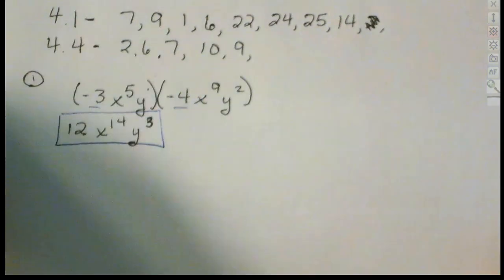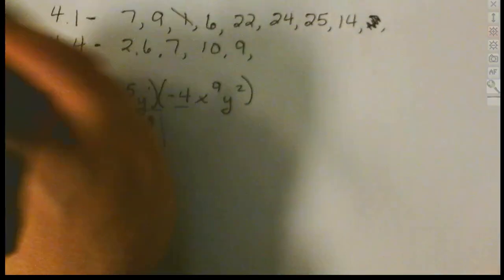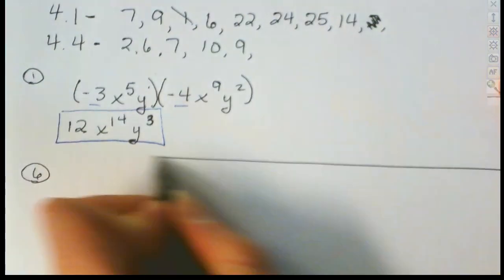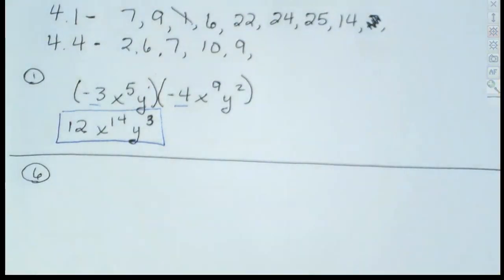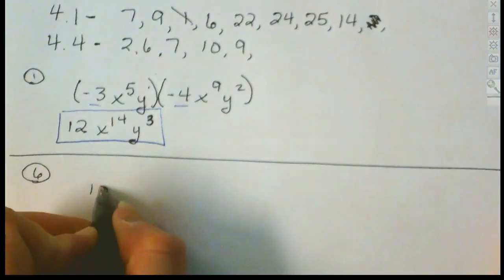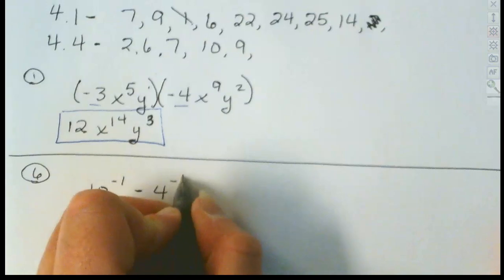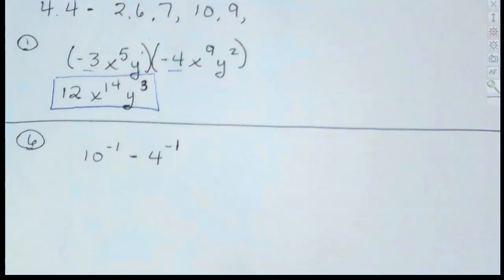Next, we're going to look at question, it looks like, number 6. So question number 6, we have to be careful as to how we approach this one. Now, we cannot just take the 10 minus the 4. Why not?